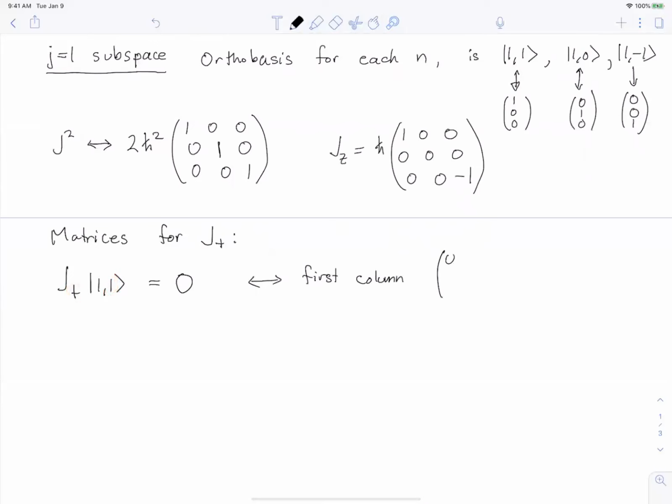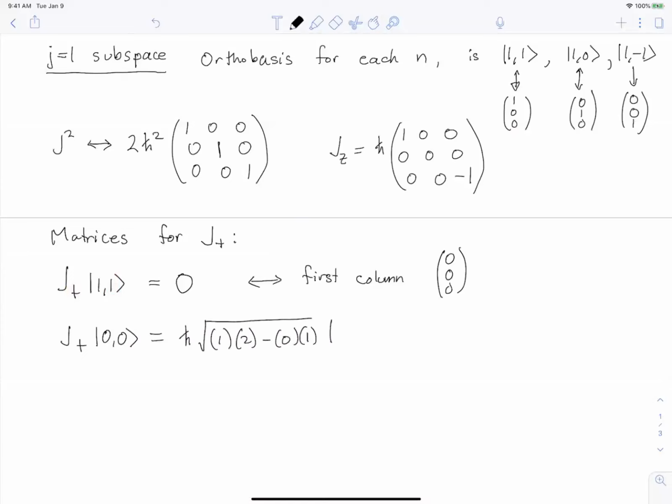Okay, J plus acting on 1, 0 is a little more interesting. This is h bar, and then we go back to our general formula, which says this is 1 times 2 minus 0 times 1.